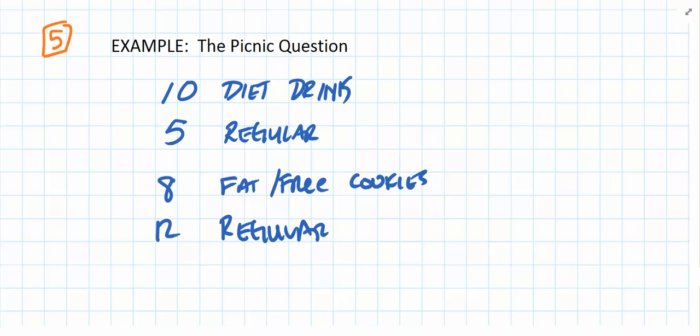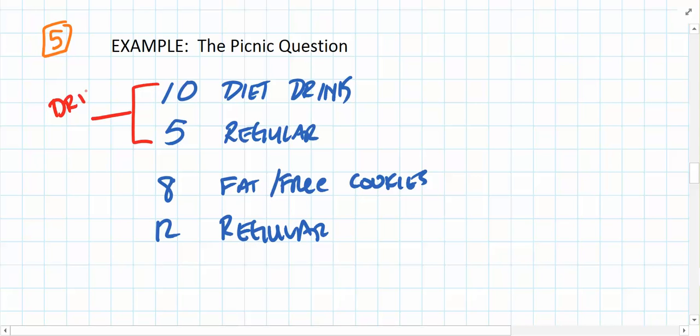Well, there's a cooler full of drinks. Inside that cooler, there's 10 diet drinks and 5 regular drinks. And then there is a bag of cookies. There are 8 fat-free cookies and 12 regular cookies.